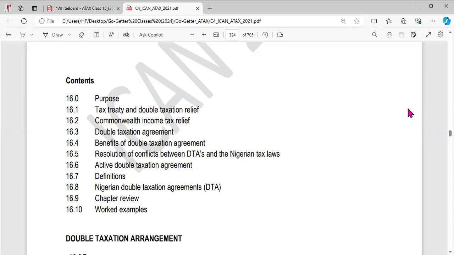Then we'll see how resolution of conflicts between DTA and the Nigerian tax law was done. Then active double taxation agreement. Then we'll look at some definitions and the Nigerian double taxation agreements that we have. So these are some of the things we are going to be looking at today.